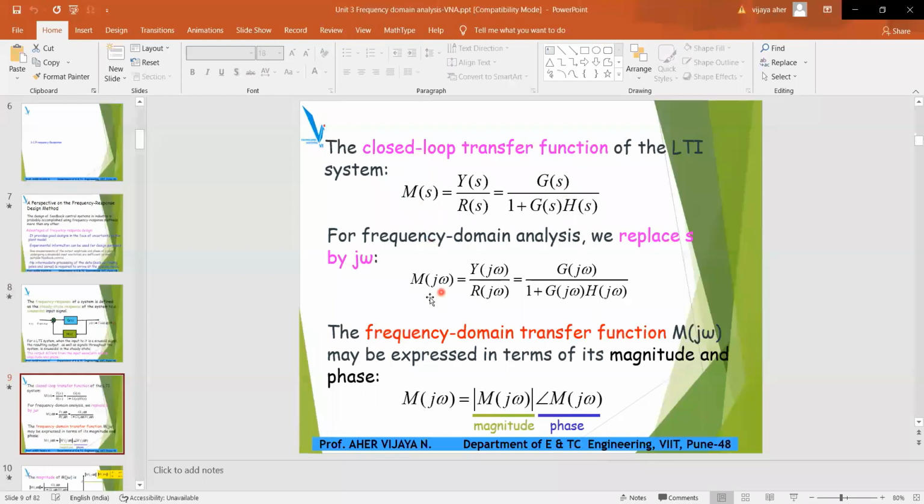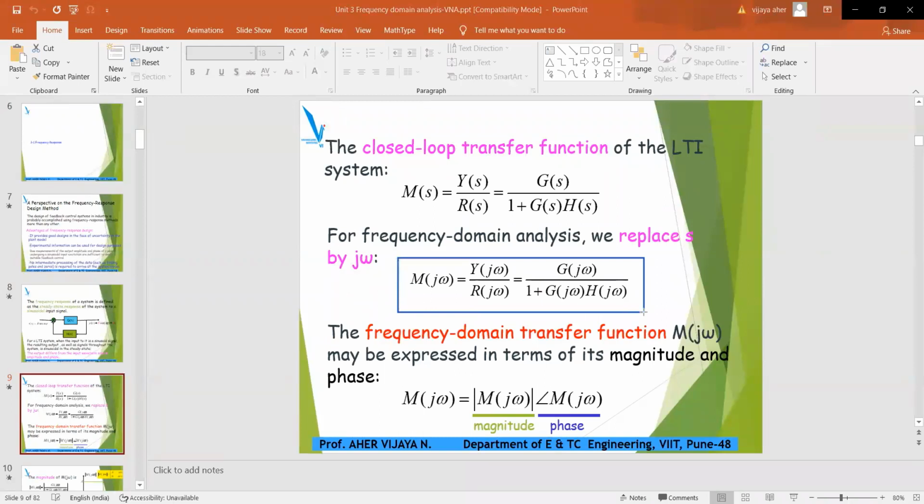So M of s becomes M of j omega, which is equal to Y of j omega divided by R of j omega. Replacing s by j omega, you will get the transfer function equation for closed loop in frequency domain analysis: M of j omega is equal to G of j omega divided by 1 plus G of j omega into H of j omega.